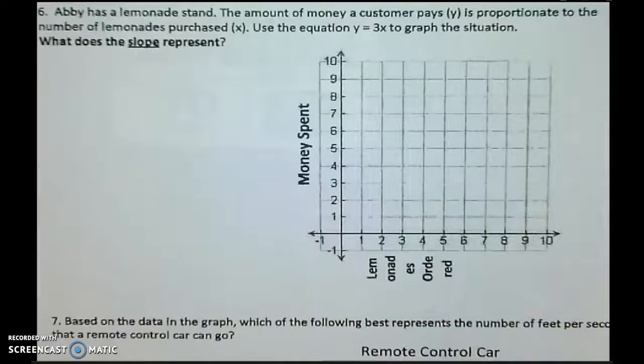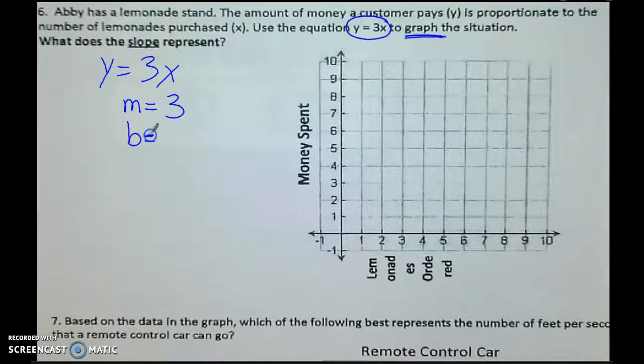Number 6, Abby has a lemonade stand and we're using this equation right here, y equals 3x. Our directions say that we need to graph the situation and then also answer what the slope represents. So first let's graph it. To be able to graph it, I need to know what my slope is. Well, my slope is 3. I also need to know what the y-intercept is. There is not a y-intercept written, so that means our y-intercept is 0, because if I added a plus 0, right here's our y-intercept.